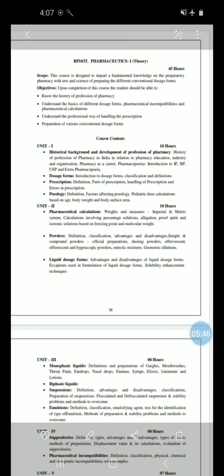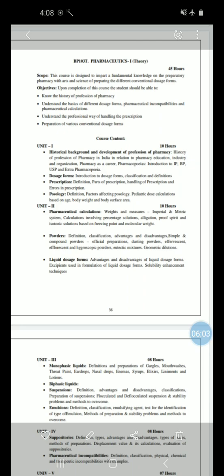So the objectives of this subject: upon completion of the subject, the student should be able to know the history of the profession of pharmacy.